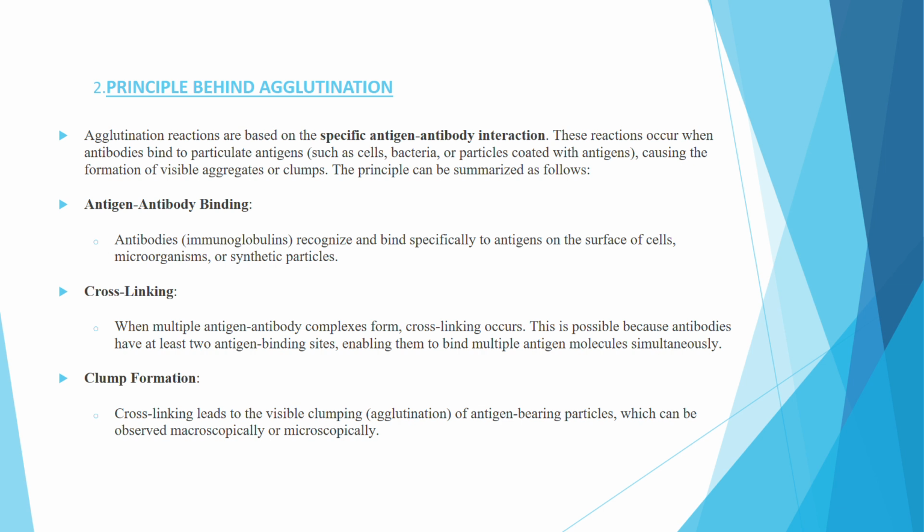Those are the visible clumps which you can see with the naked eye after there is agglutination. So in summary, the agglutination principle is antigen-antibody interaction, where antigen and antibody in solution attract each other and form bonds between them, so that we see visible clumping.